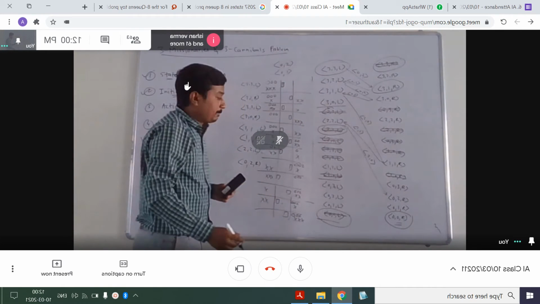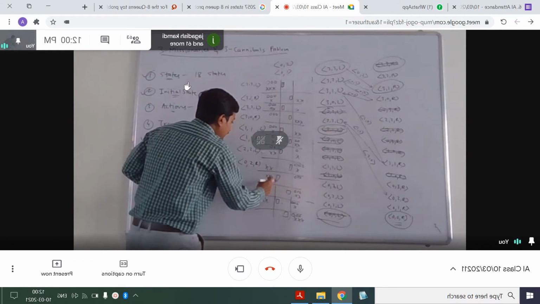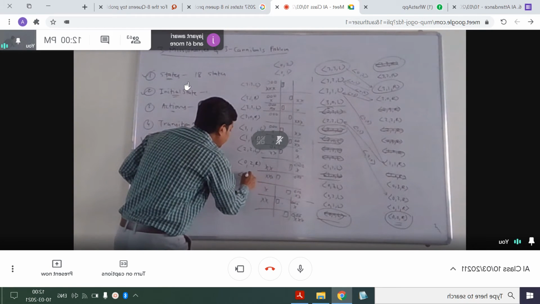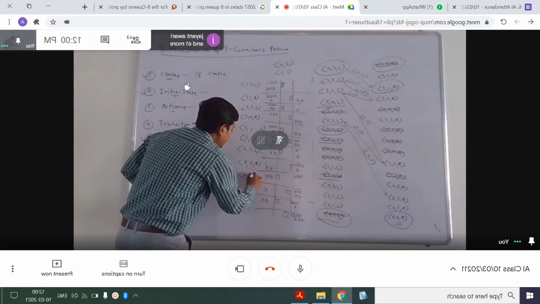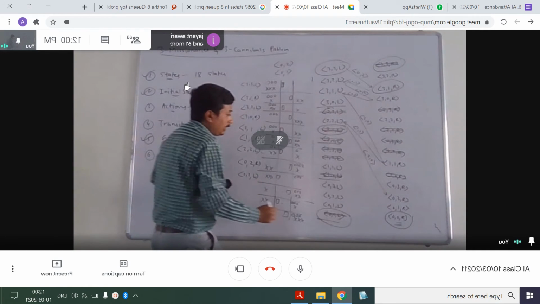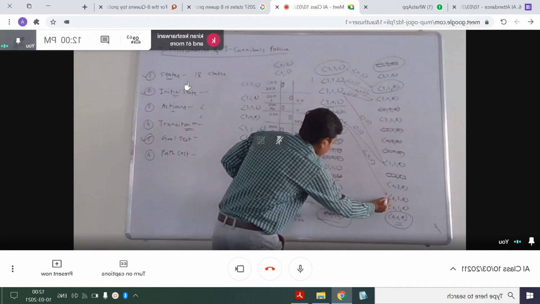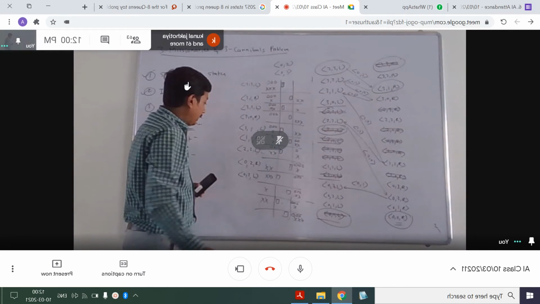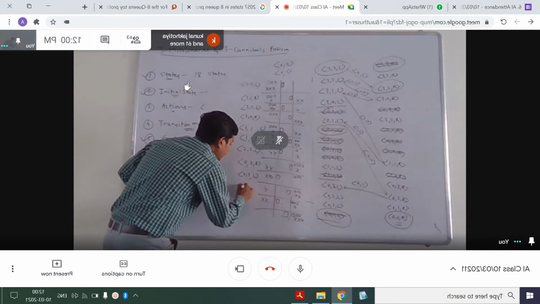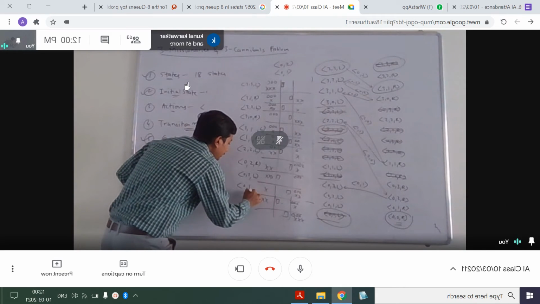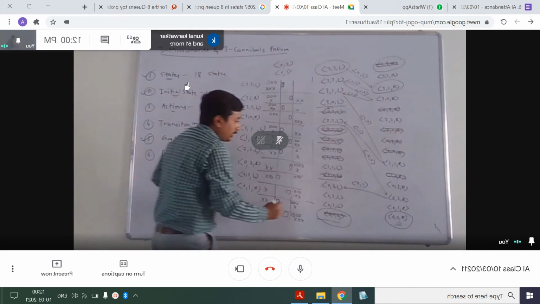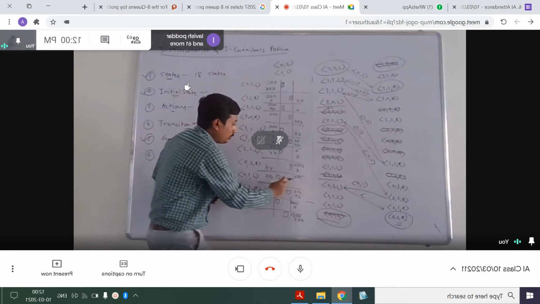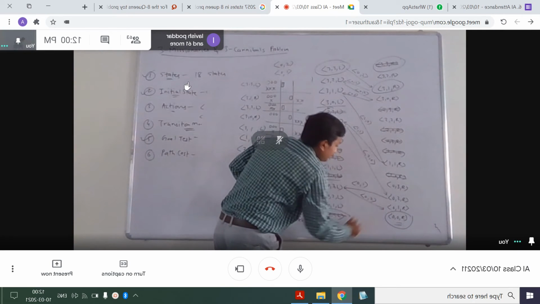Then next, 1 cannibal is traveling, and the state is 0 3 L. Next, the state is 0 missionaries, 1 cannibal and the boat is on the right side, 0 1 R, and here 2 cannibals traveled, 0 2.